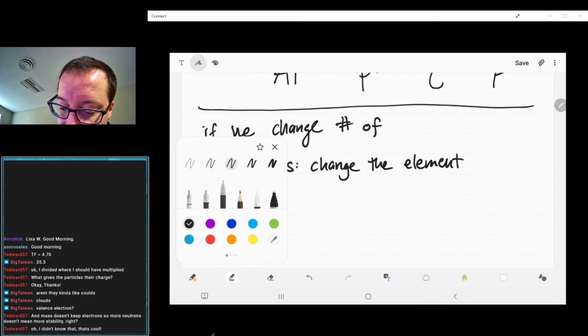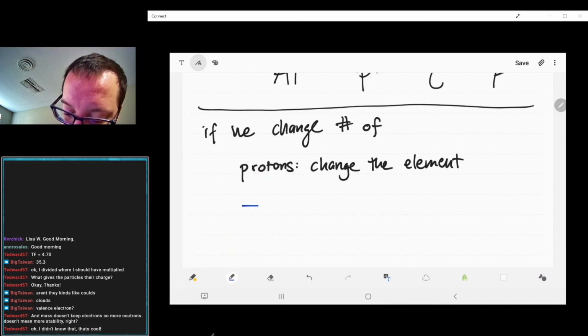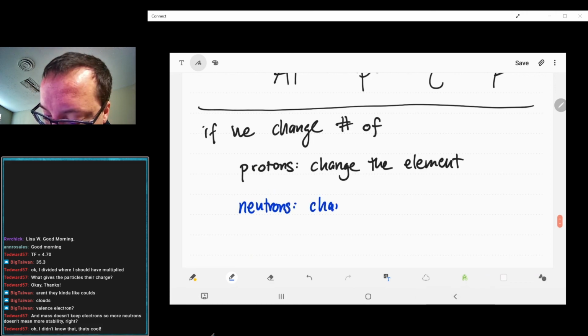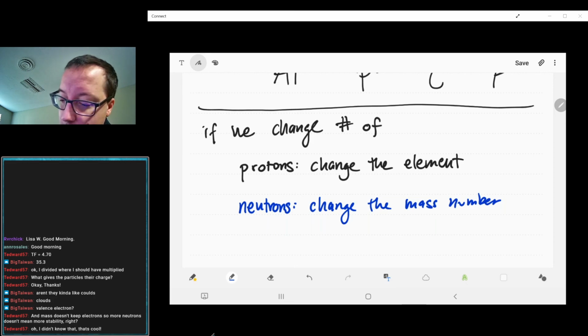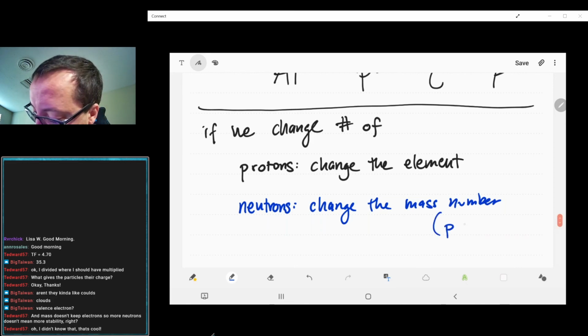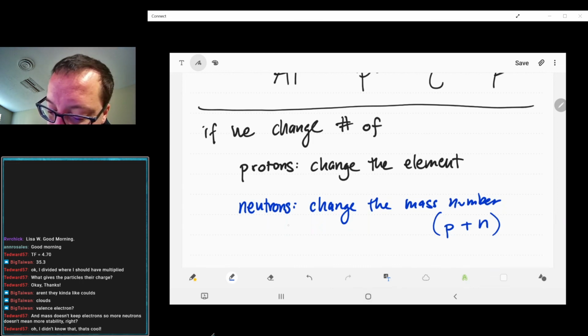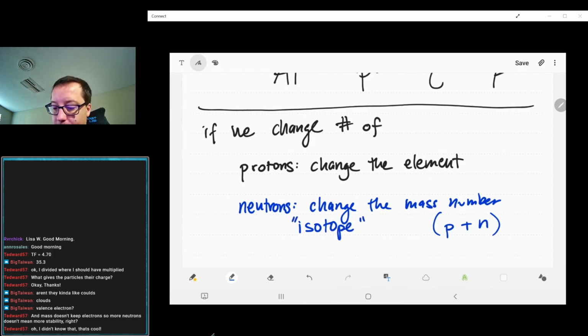If you change the number of neutrons, you change the mass number, which is, remember, protons plus neutrons. And we call that an isotope. Technically, this would also be changing the atomic number.